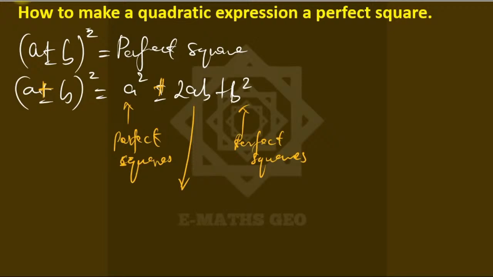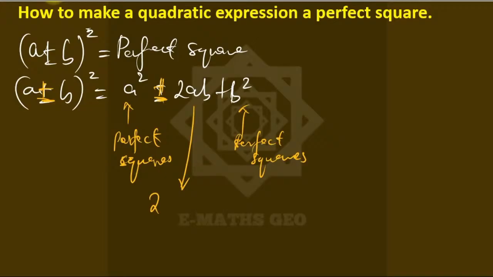So the middle term takes its own sign. If it's negative, it's negative. You notice that the middle term will be 2 times the product of the square roots of the first and last terms.